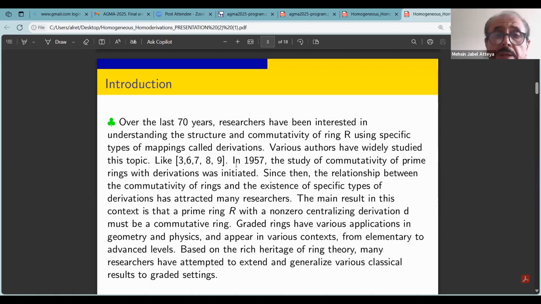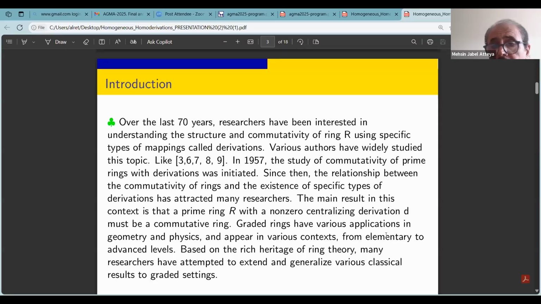In 1957, the study of commutativity of prime rings with derivation was initiated. Since then, the relation between commutativity of rings and the existence of specific types of derivation has attracted many researchers. The main result in this context is that a prime ring R with a non-zero centralizing derivation D must be a commutative ring.